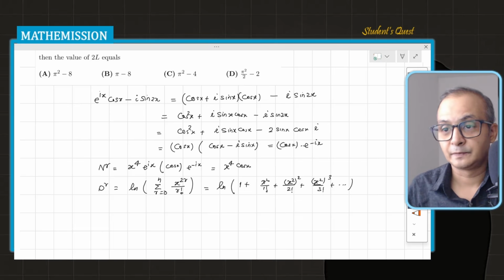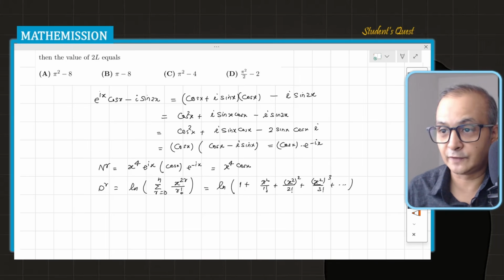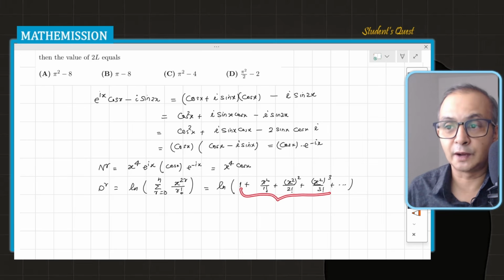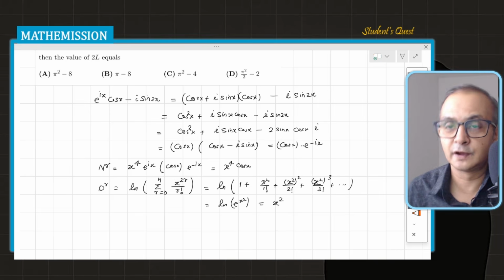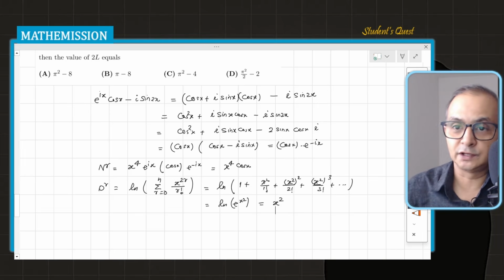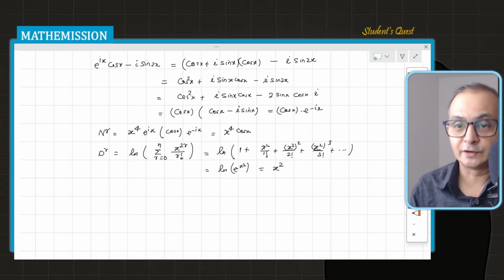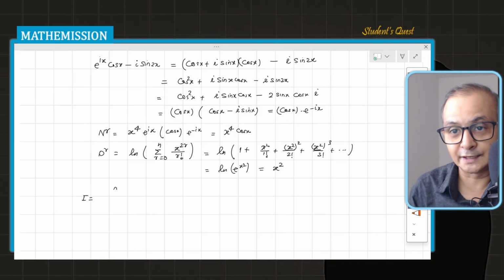It is not difficult to identify that this is nothing but the expansion of e to the power x squared. So I can write the log of e to the power x squared, and that's why the log is given in front, so that the x squared will jump off and it will give you x squared only in the denominator. So our integration will turn into an easy integration now.